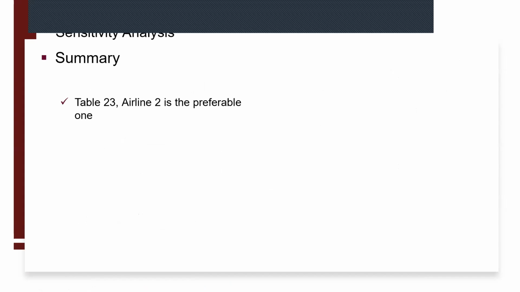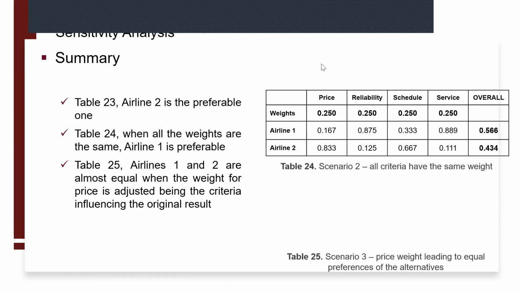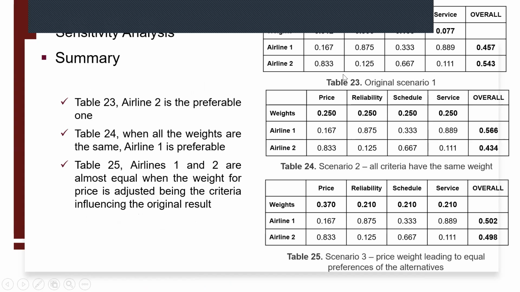So the summary for this is, let's evaluate. Airline 2 is the preferable one in terms of table 23. So if you look at the analysis that we did, airline 2 is the preferable one, 0.543 against 0.457. So if I equalize the weight for each criteria, it becomes airline 1.